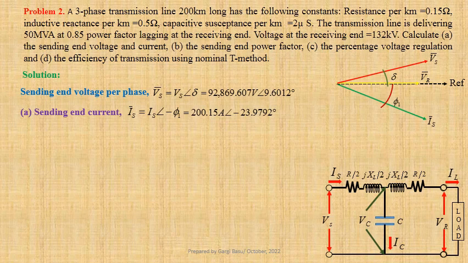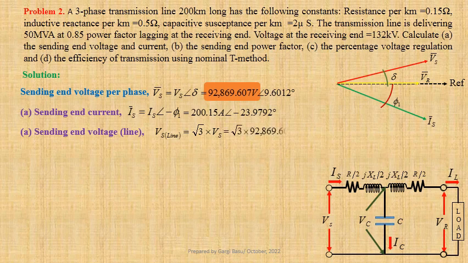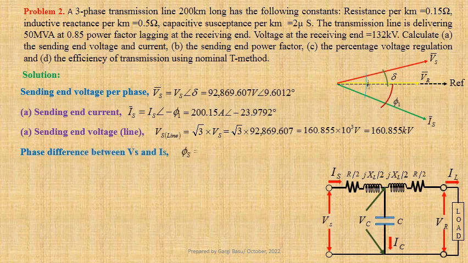For star connected system, line to line sending end voltage Vs line equals to root 3 times Vs, that is equal to root 3 into 92,869.607, that is equal to 160.855 into 10 to the power 3 volt or 160.855 kilovolt.